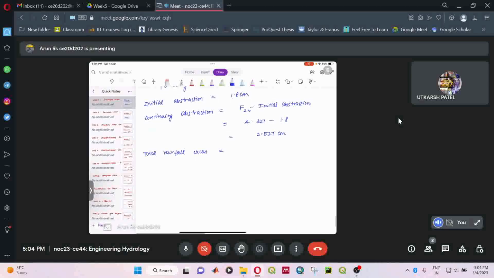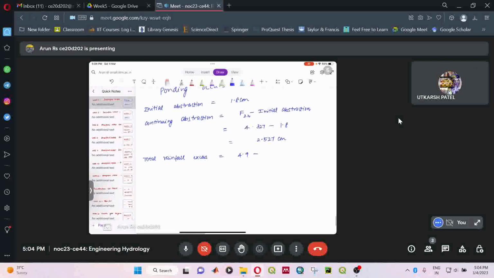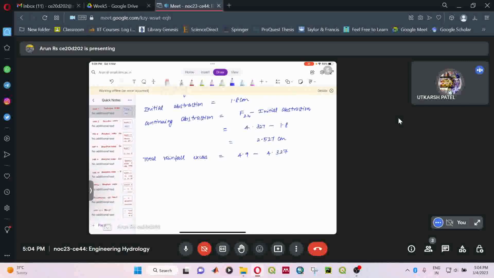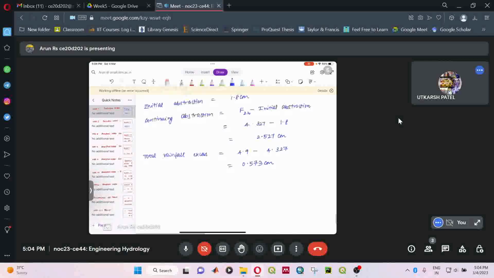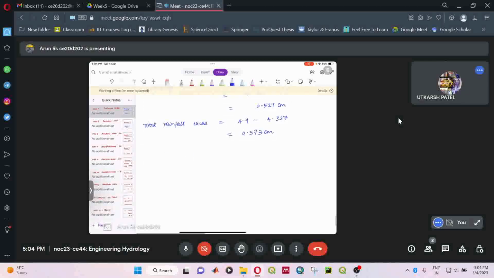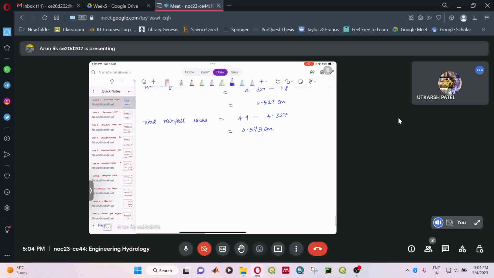Your total precipitation is 4.9, so 4.9 minus 4.327, that is 0.573. So this is about the Green-Ampt infiltration and calculation of ponding time.